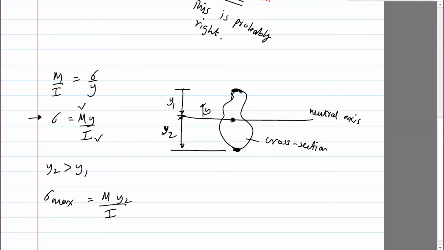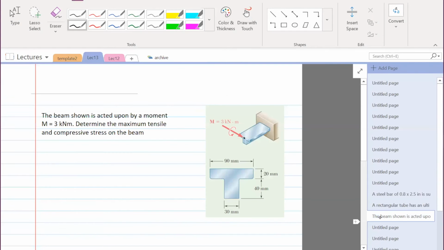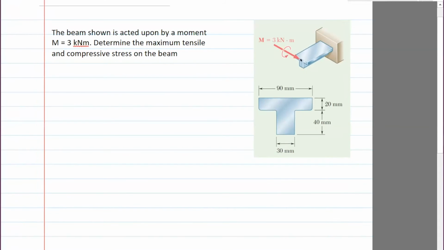You should use that reasoning to figure out the maximum y. This is perhaps a good example where you have a non-uniform body, and we're going to do a problem now where we have a non-uniform body. So here is the next problem. Okay, so this is a T section.